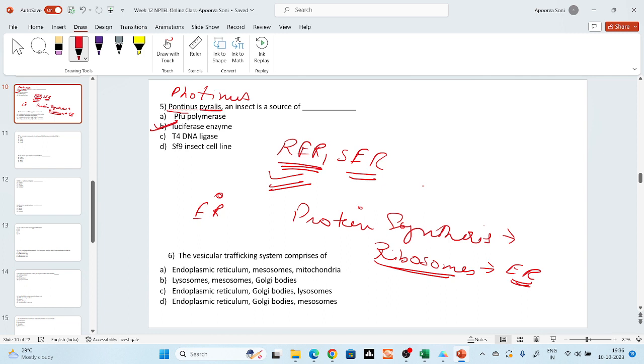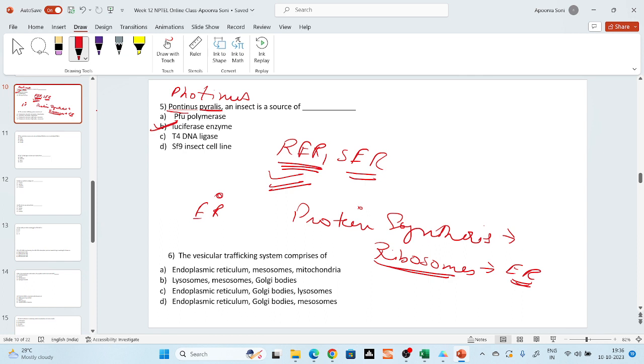N-linked glycosylation, and a lot of modifications which help in the proper folding of the protein, with the help of chaperones and co-chaperones. So the naive protein moves to the endoplasmic reticulum, gets N-linked glycosylation and proper folding modifications, and from there it moves to the Golgi bodies.